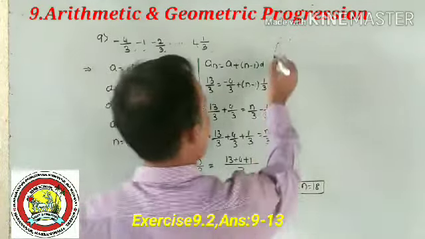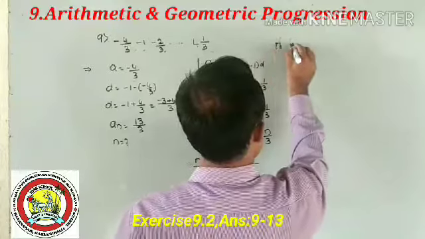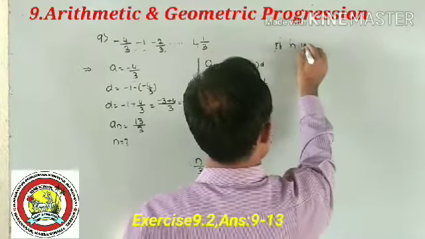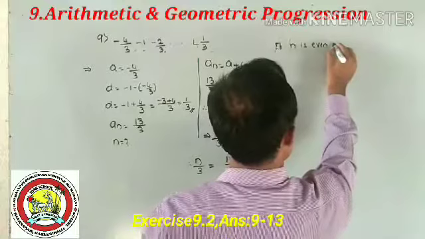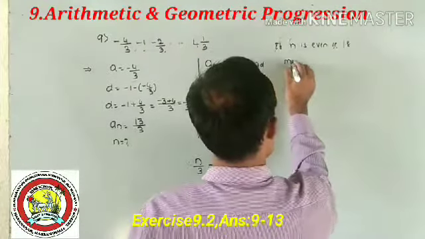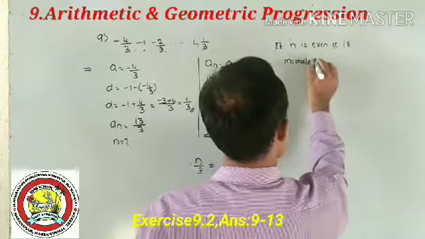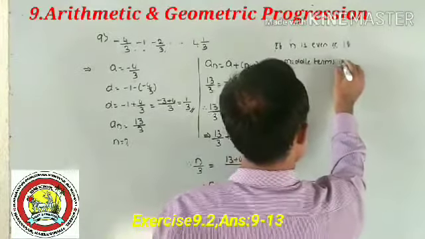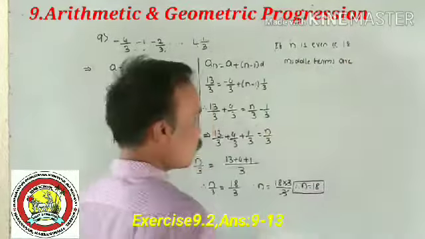Since n is given as 18, we have two middle terms.